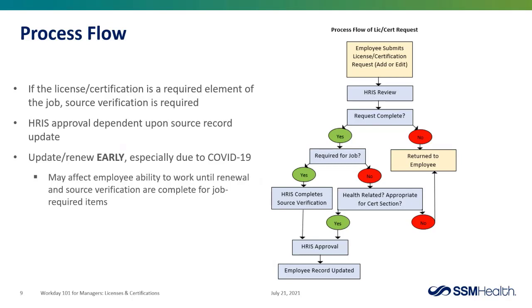We do like to stress the sooner that you can submit that information, the better, just so we have time to work through that. We have a service level agreement of 3 days for a turnaround to verify that information to go into the employee's file. But with us doing that source verification with the governing body, sometimes that might take longer.